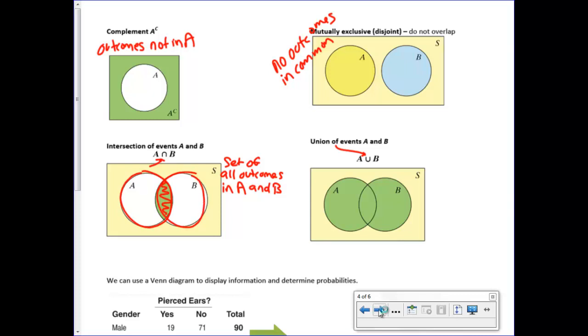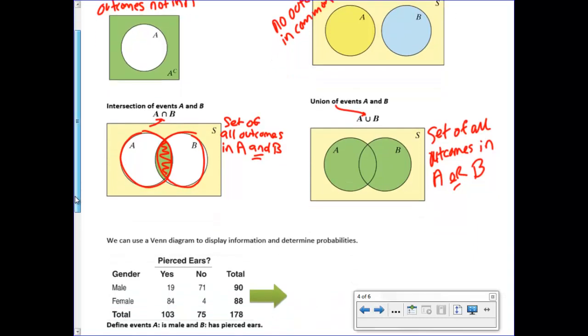That's the intersection. The union means one or the other. It's the set of all outcomes in A or B. This one's and, this one is or. It can be in A, it can be in B, either one. We take those two, we join them together, that's called the union.